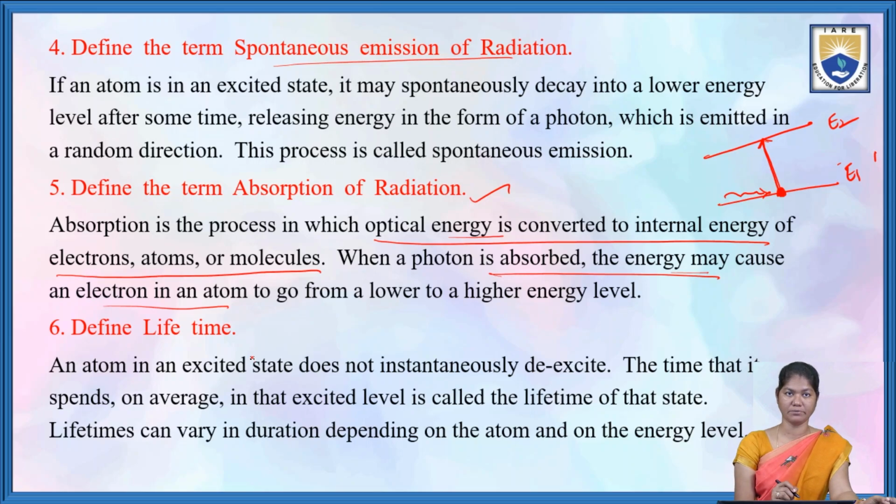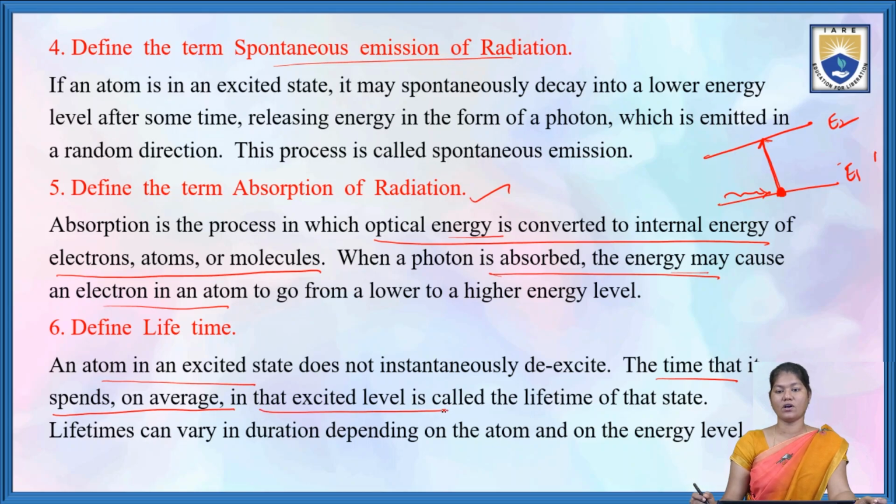Define lifetime. An atom in an excited state does not instantaneously de-excite. The time that it spends on average in that excited level is called the lifetime of that state.